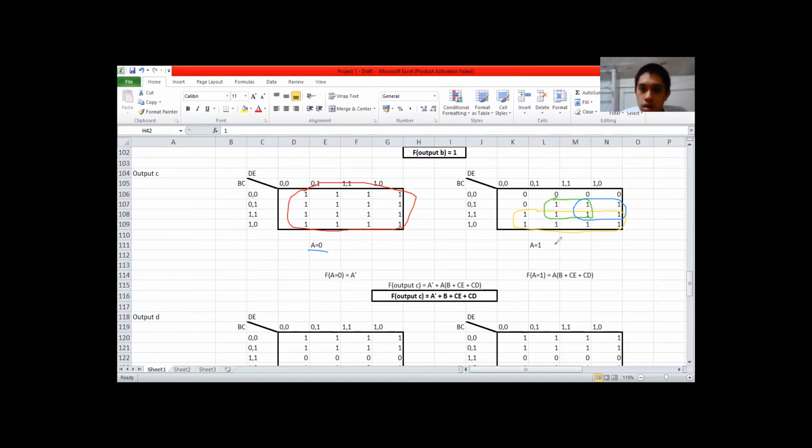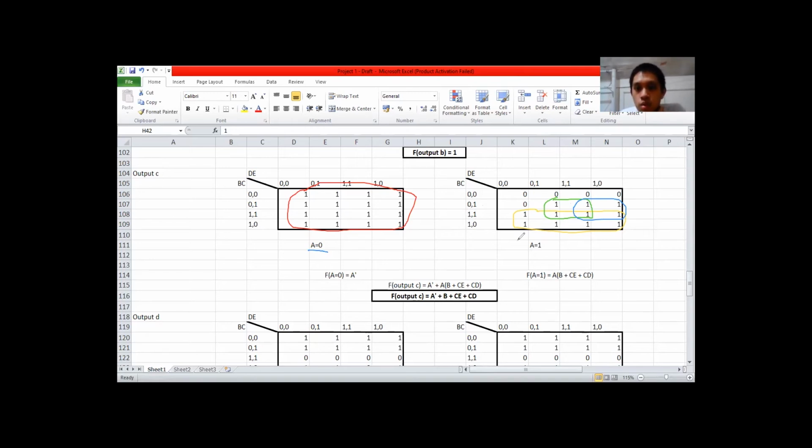And then in this part, let's focus first on the yellow group. So the logic function that we will arrive at is A, since A is equal to 1, B is unchanged, which is 1, and literal C changed from 1 to 0, as well as literals D and E changed from 1 to 0.